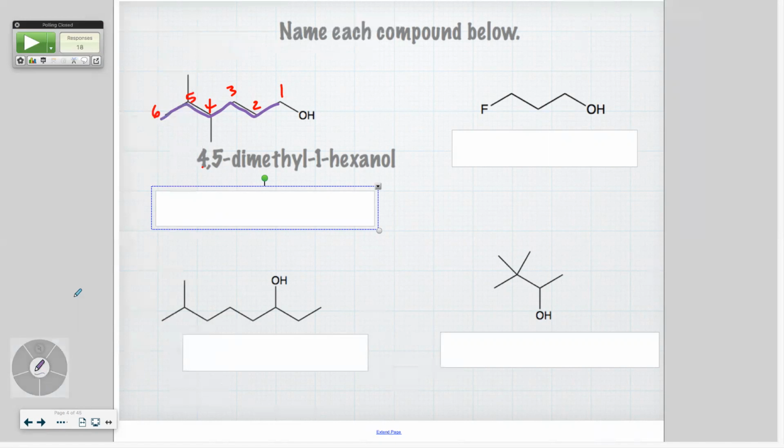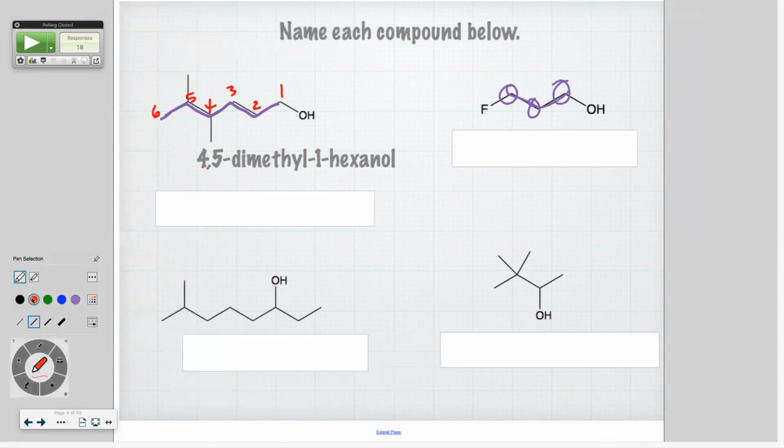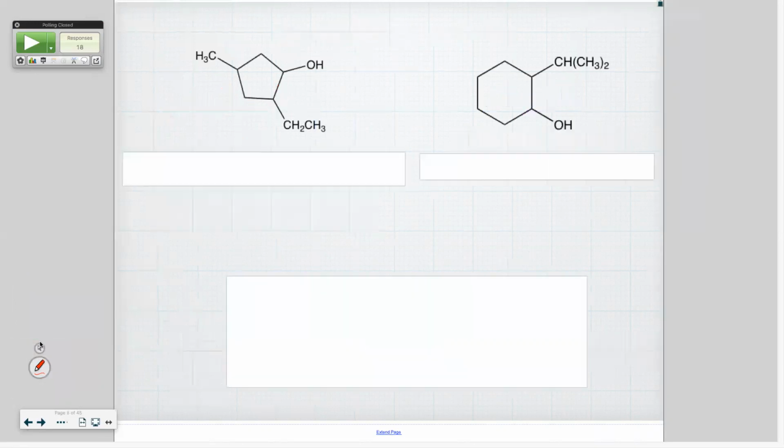Does everybody see it's 3? It's not 5. These are the 3 carbons. Which way do you want to number? Left to right or right to left? Right to left. Why? OH wins. Isn't that nice? It kind of really helps life that OH wins.